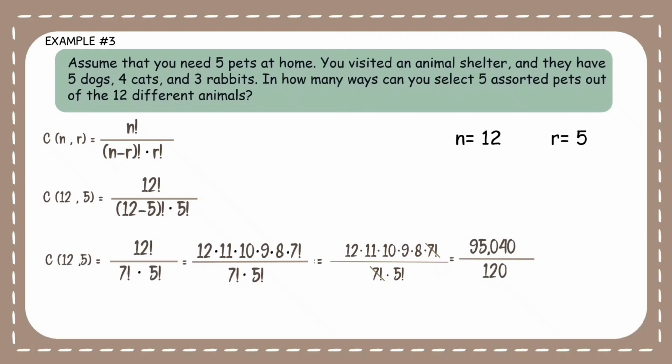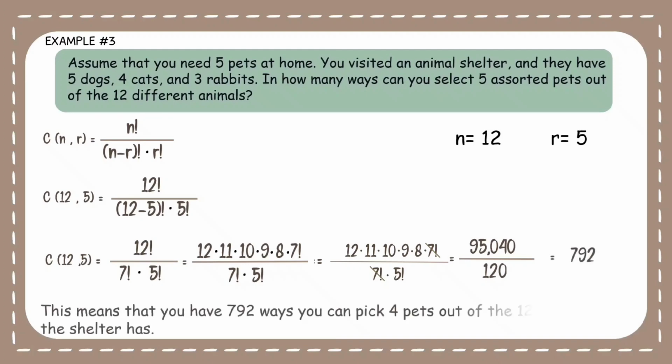Also, 5 times 4 times 3 times 2 times 1 is equal to 120. And lastly, for our final step, 95,040 divided by 120 is equal to 792. This means that you have 792 ways you can pick 5 pets out of the 12 animals that the shelter has.